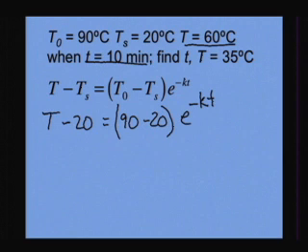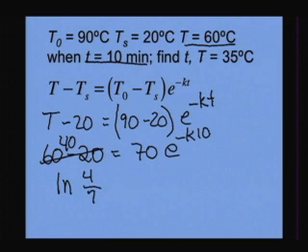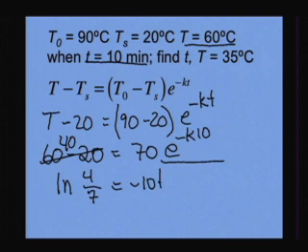So what I'm going to have is 60 minus 20 equals 70 e to the minus k times 10. And of course, 60 minus 20 gives me 40. 40 divided by 70 is 4/7. So I'm going to have the natural log of 4/7 equals, and again, when I take the log of this side, I just get the exponent brought down, so it's minus 10k.